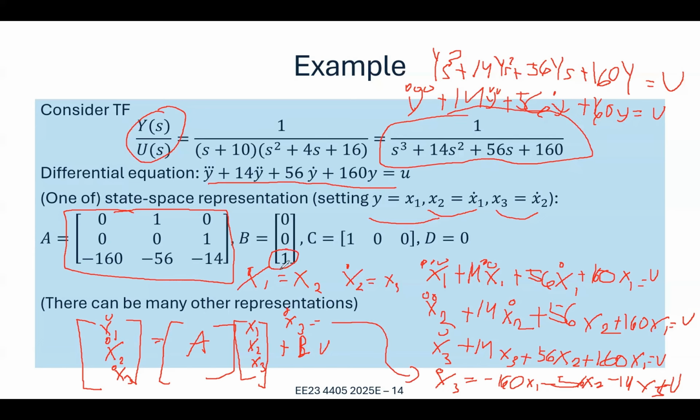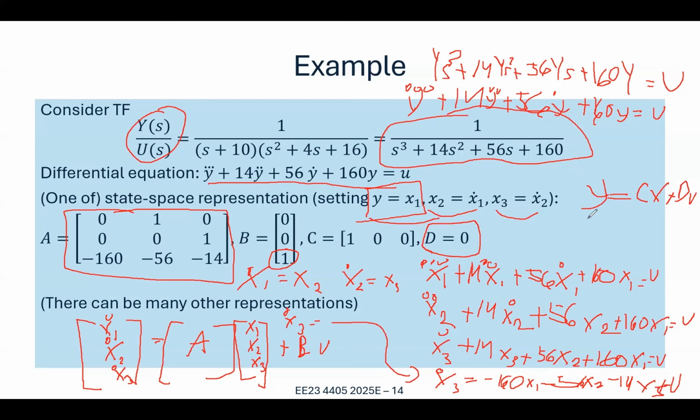Then the output equation is very simple because we have y equals x1. So here C is 1 0 0, because y is just Cx plus Du, but D is actually not used, so we have this as 0.